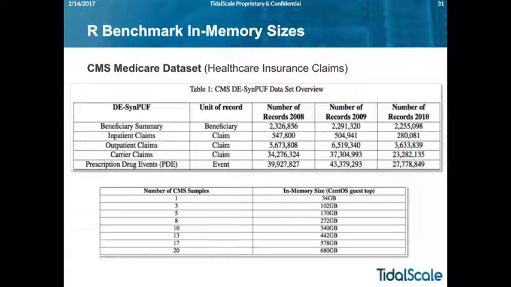What you see here is the actual in-memory size. Notice it says CentOS guest top there. So the point being, that's the memory requirement you really need to fit this all in memory. It's not the size of the CSV file. This is the resultant in-memory footprint if you run this benchmark on these data sets.